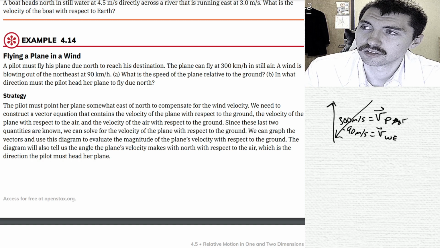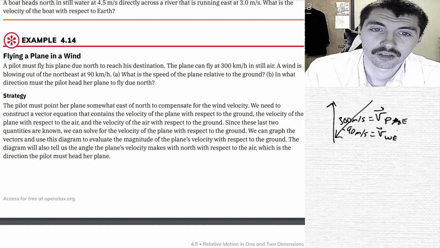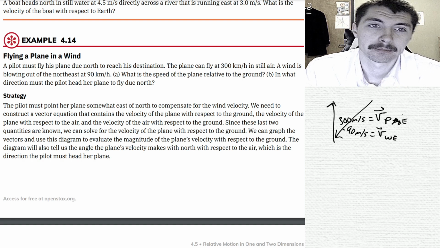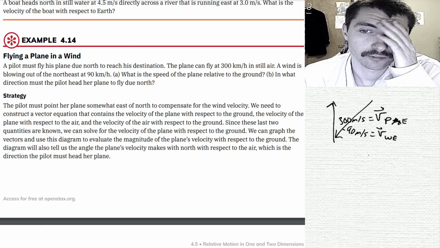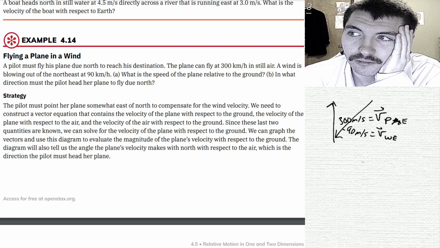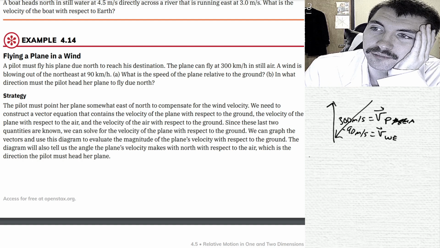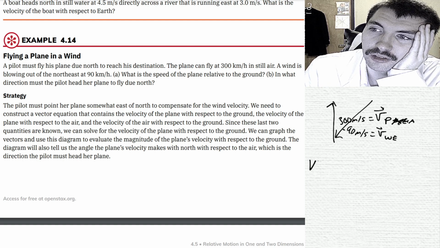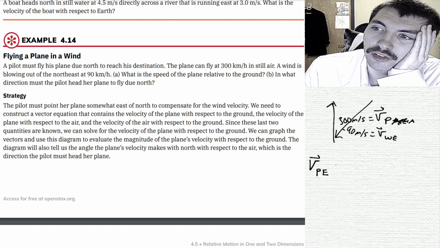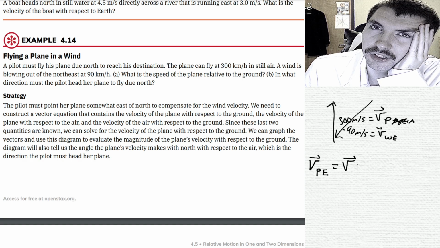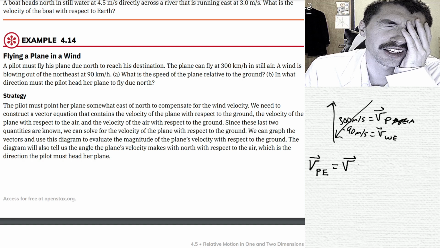So is this Earth as well? Will be still air. So our final answer is the velocity of the plane relative to the Earth is going to be, okay, so the addition makes more sense if you're thinking of it in 3 dimensions with an I, J, K hat.